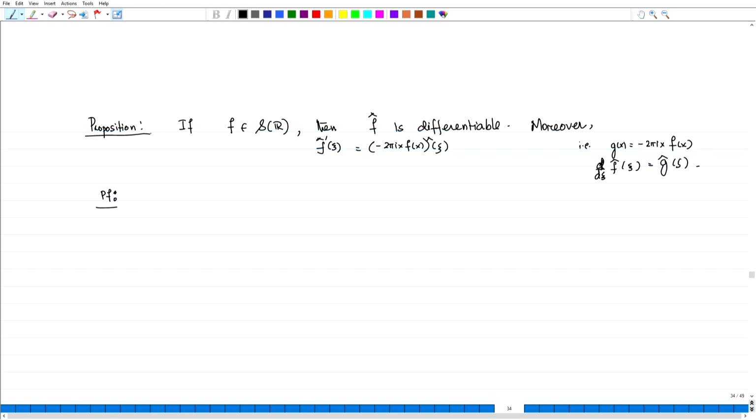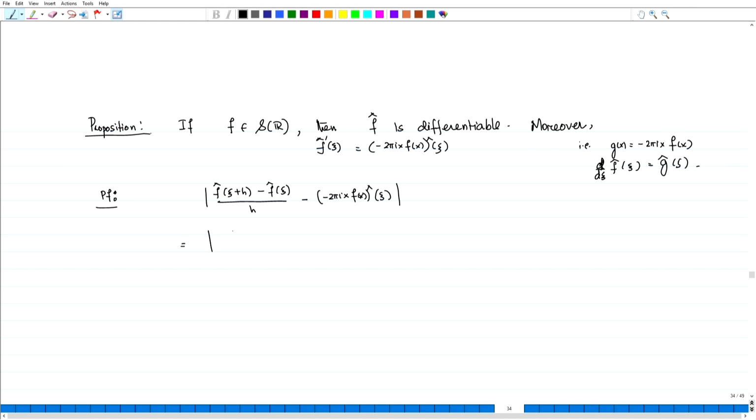we have seen that it is a question of taking the limit inside. In order to show that, what we need to look at is this quotient: f hat of xi plus h minus f hat of xi, divided by h, minus the Fourier transform of minus 2 pi i x f(x) at xi.